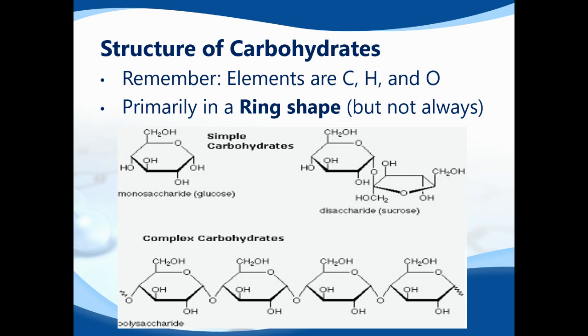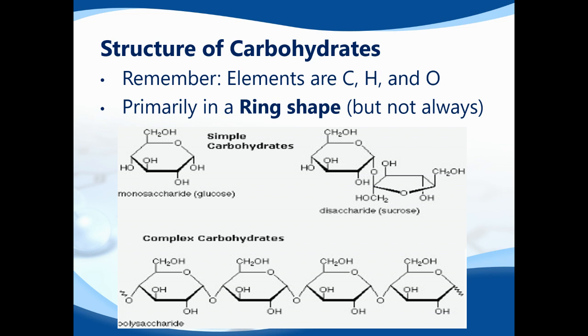This is the structure of carbohydrates. Remember the elements carbon, hydrogen, and oxygen; these are also present in carbohydrates. The structure of carbohydrates is primarily a ring shape, but not always. Here I have listed a diagram to help you better understand the structure.